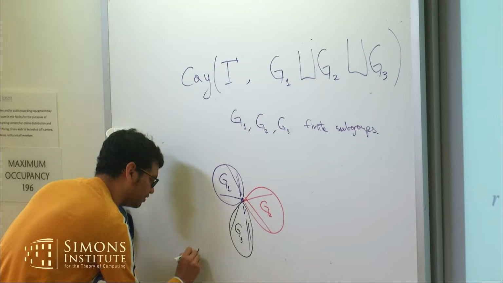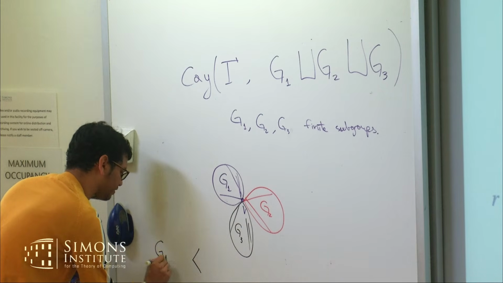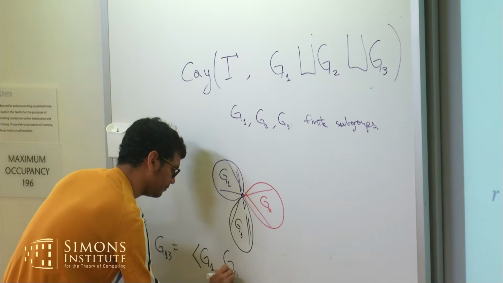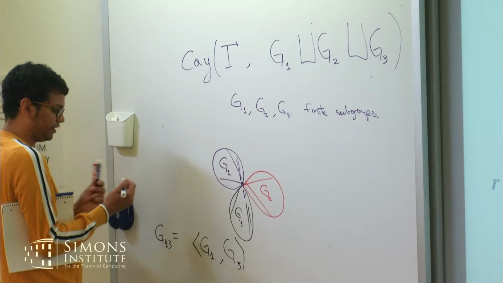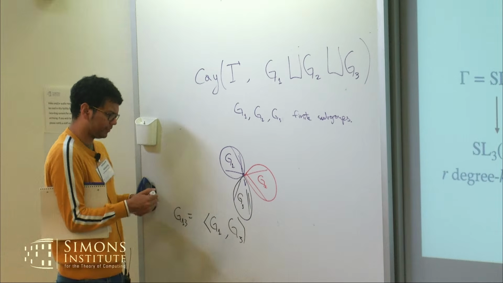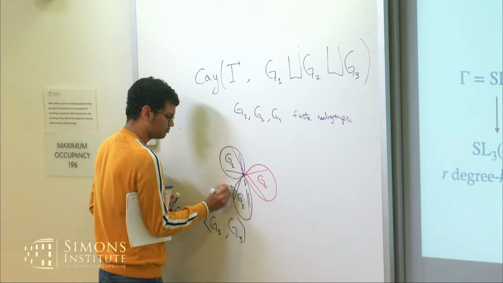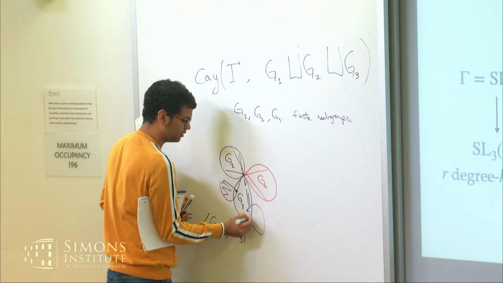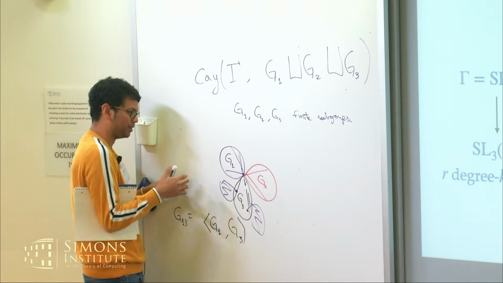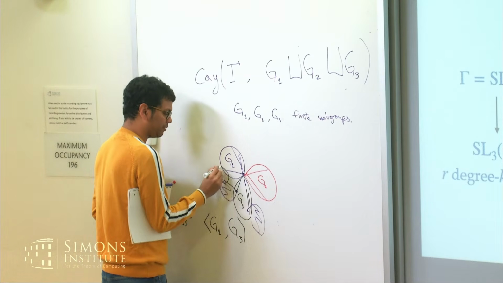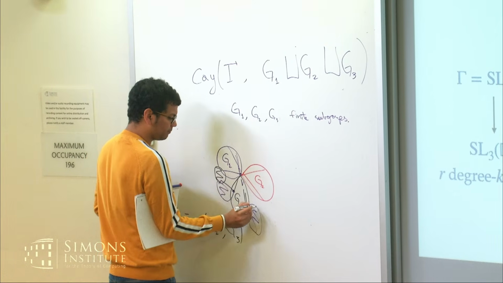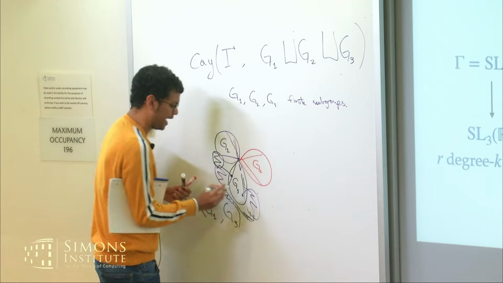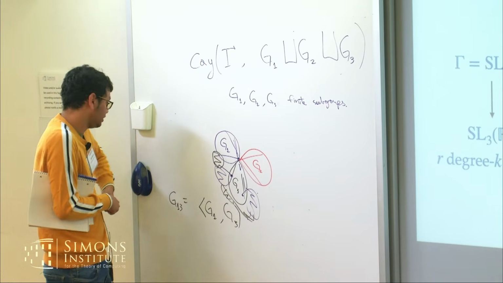It's instead going to be, I'm going to define a subgroup like G13, and it's going to be the subgroup generated by G1 and G3. So in particular, each vertex here has its own purple subgroup coming out, and then each purple vertex has its own black subgroup coming out. But now it's possible that these overlap in some way.